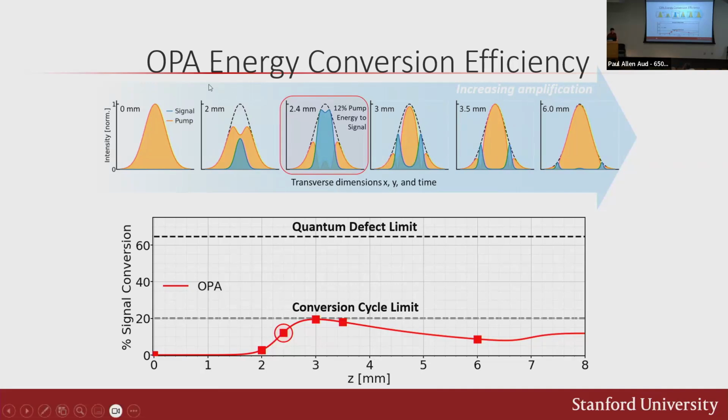So if I want something that's actually relatively decently shaped, I have to cut the device at some length before the back conversion sets in. And that tends not to be the optimal point for the energy conversion efficiency. So even the maximum energy conversion efficiency happens when you have this really terrible looking shape.